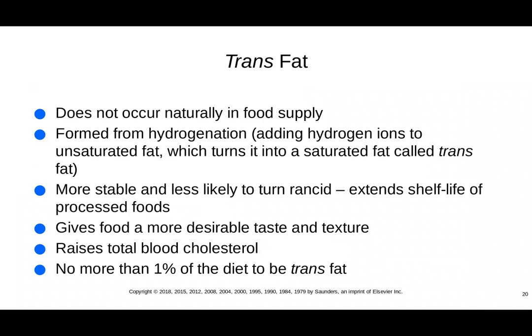It makes these fats more stable and less likely to turn rancid, so it extends the shelf life of processed foods. And it also gives food a more desirable taste and texture. But it raises the total blood cholesterol. And so no more than 1% of our diet should be trans fat.